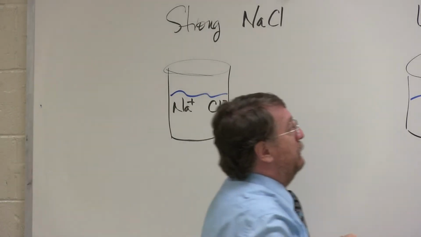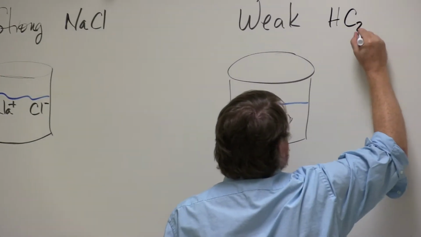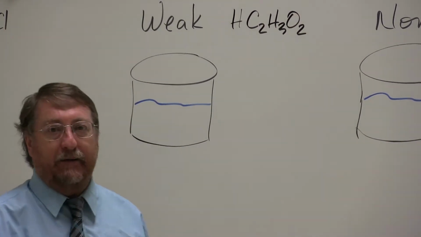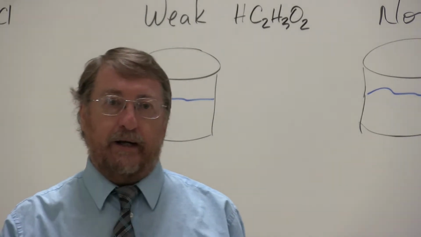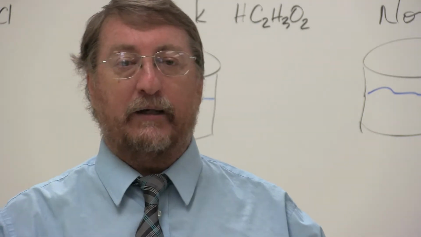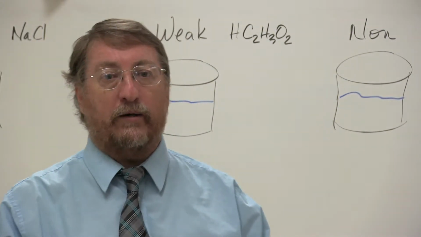Now what about a weak electrolyte? A weak electrolyte, great example, is acetic acid. Acetic acid is a weak acid, it's vinegar, and so when it hits water, it only makes a small amount of H+. Remember, our definition of acid at this point is anything that produces H+ or hydrogen ion in water.